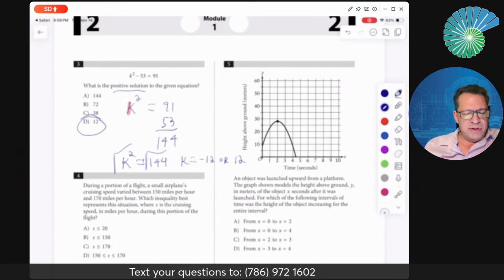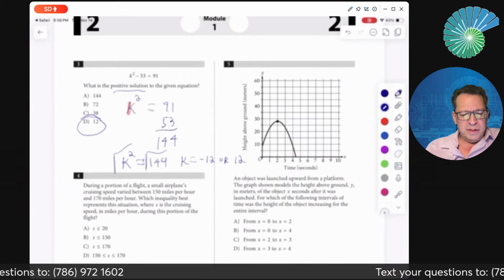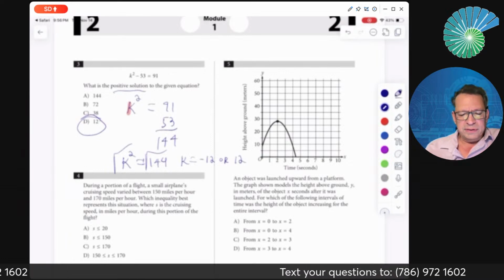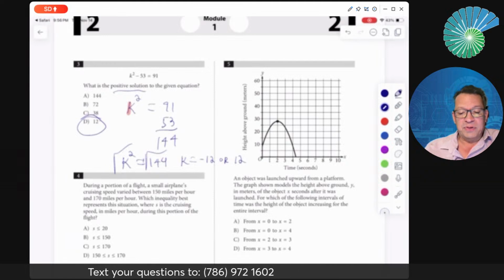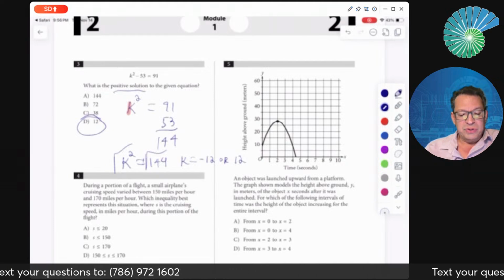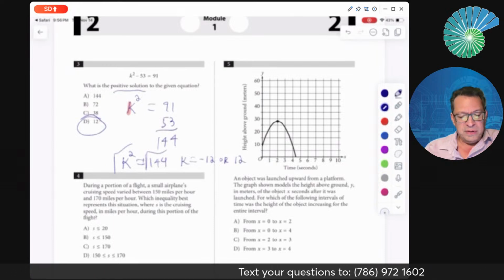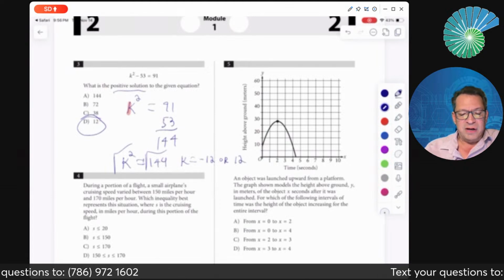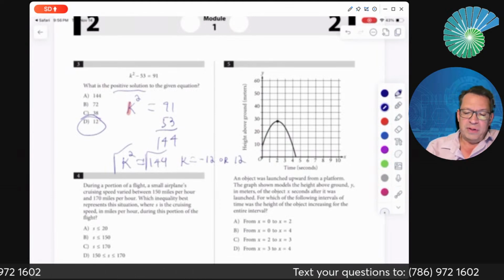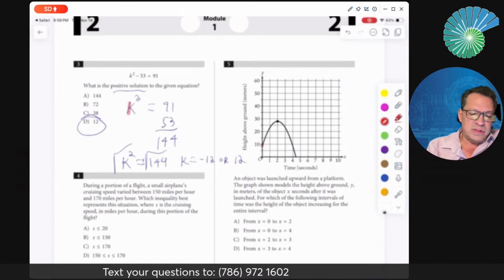Let's try number 5, another graph. An object was launched upward from a platform, and the graph models the height above the ground in meters of the object x seconds after it was launched. For which of the following intervals of time was the height of the object increasing? Well, this is the starting point.